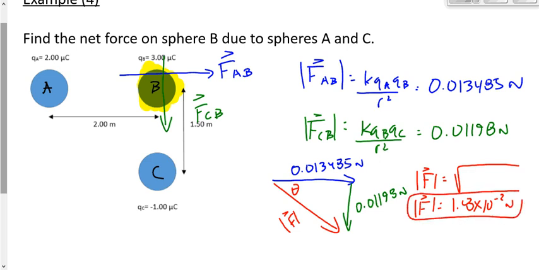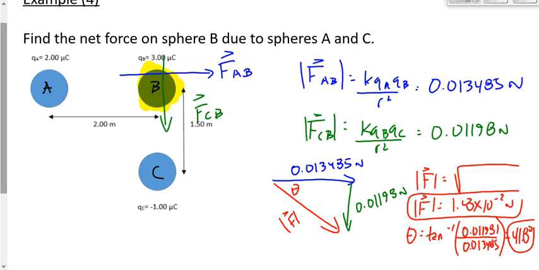And theta is found by using the inverse tan function of opposite over adjacent. Theta works out to be 41.8 degrees. Notice for this one, I'm not saying 41.8 degrees south of east. I'm just saying 41.8 degrees.